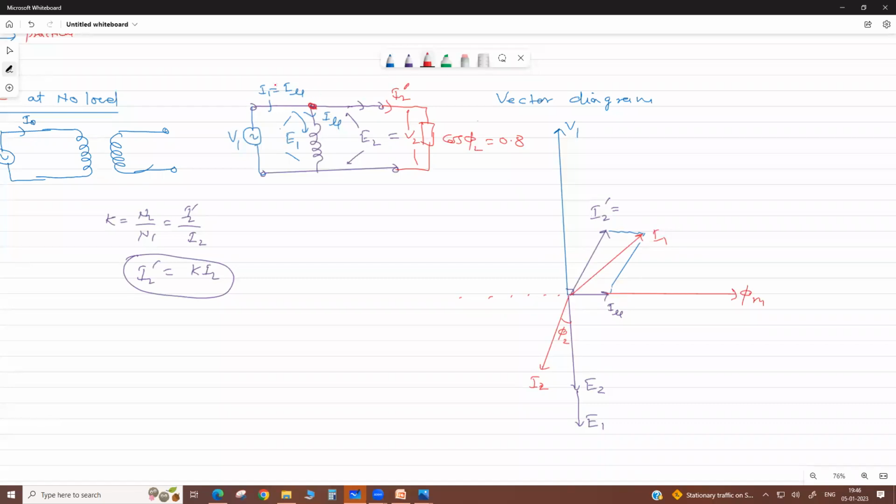So at load, I1 is I mu plus I2 dash. And this is the phase difference between the primary current and primary voltage, phi1. So cos phi1 will give you the primary power factor.